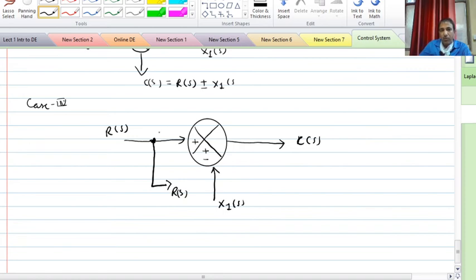If we want to move this takeoff point from this position to this position, what are the necessary conditions here?